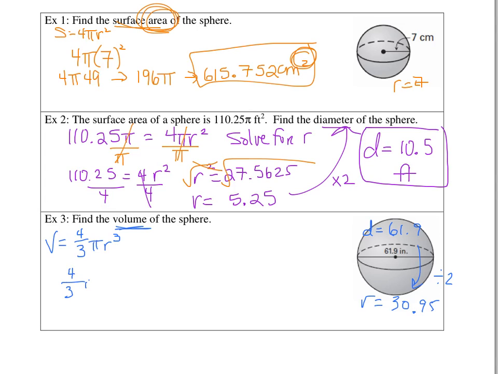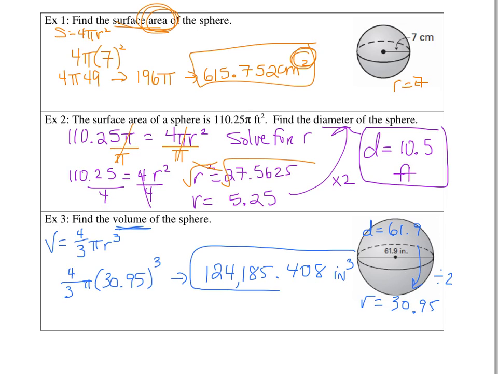So we have 4/3 pi times 30.95 to the third power. When we type that in a calculator, we end up with 124,808 thousandths, and this would be inches cubed, and it is cubed because we have volume, so just realize that.